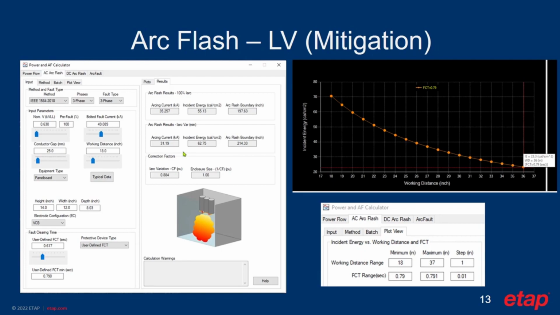The next line of defense is to mitigate the incident energy through working distance, which could give much improved results and achieve the goal of less than 40 cals per centimeter square. That was documented and given as feedback to the client based on this analysis done by ETAP.